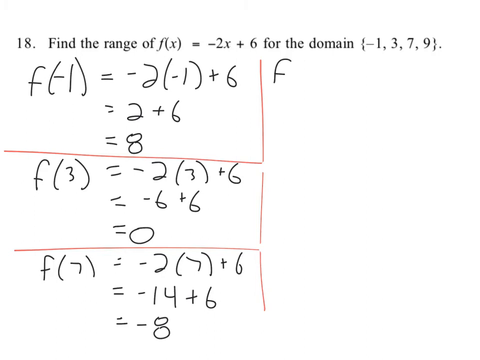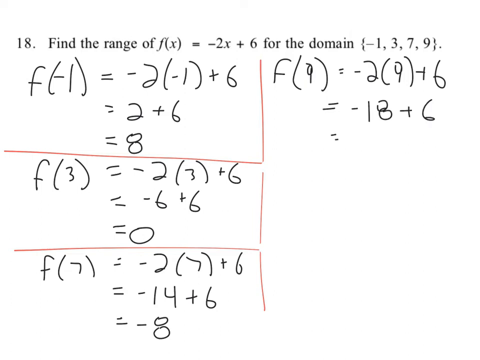And we've got f of 9 equals negative 2 times 9 plus 6. Negative 2 times 9 is negative 18, plus 6 is negative 12.